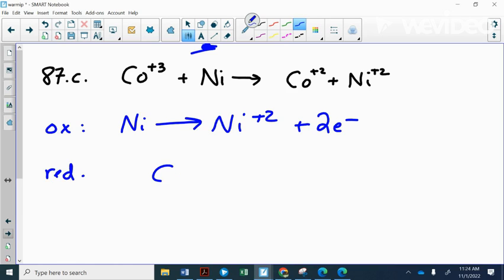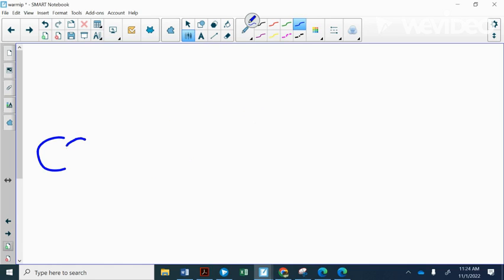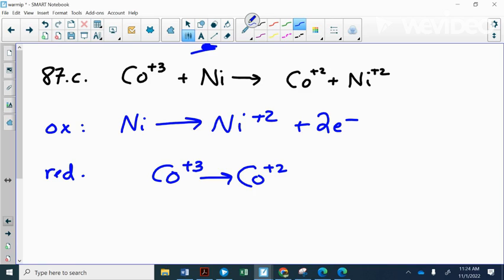Reduced cobalt. Cobalt's balanced, 1 and 1. There's no oxygen, right? This is a lowercase o. Don't confuse that with carbonate. Carbonate is capital C, capital O, 3, all with a -2 charge. This is a lowercase o, so it's an element.